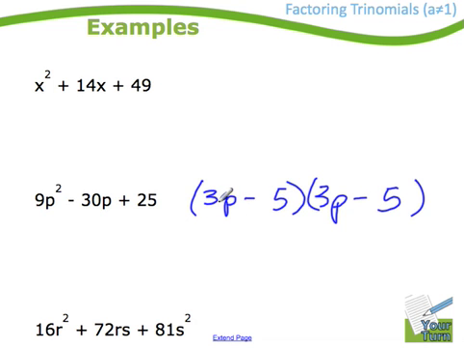If I multiply 3p by 3p, that's 9p squared. This would be minus 15 minus another 15 is minus 30. Minus 5 times minus 5 is plus 25. Notice I'm just guessing and checking here. Lo and behold, it turns out that it is the same factor, so I could write it like that. Okay, so nothing too exciting with trinomial squares.